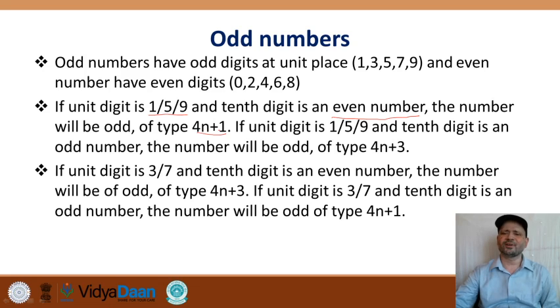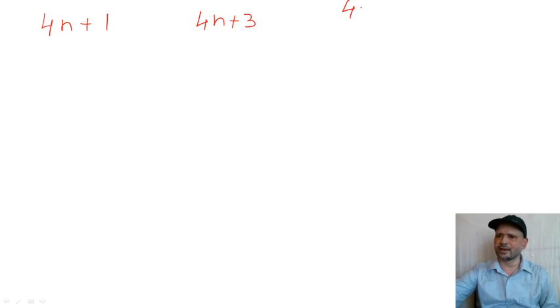For example, on the white screen you can see that odd numbers will be of two types, 4n plus 1 and 4n plus 3. Similarly, even numbers will be of two types, 4n and 4n plus 2.